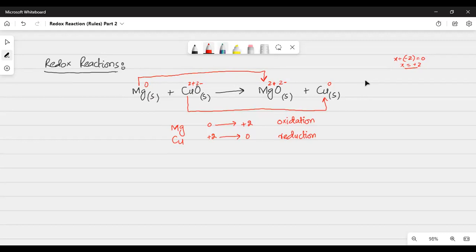Now, you clearly know that the one undergoing oxidation is a reducing agent, and the one undergoing reduction is an oxidizing agent. So this means in this case, you can either tell them that the magnesium, or the entire magnesium, is the reducing agent, and copper or the entire copper oxide, either one can be considered as an oxidizing agent.